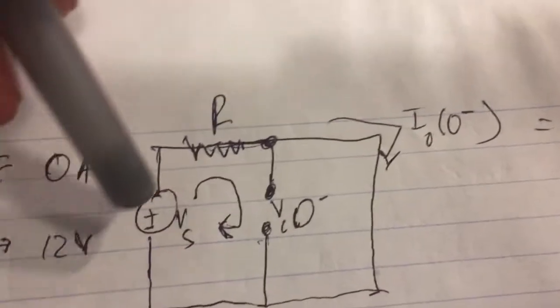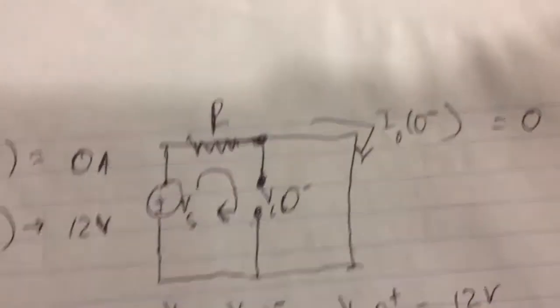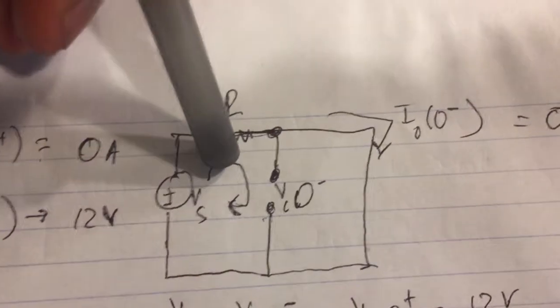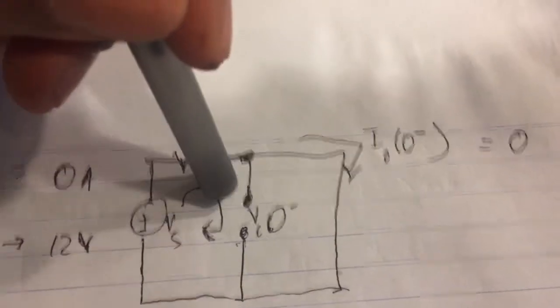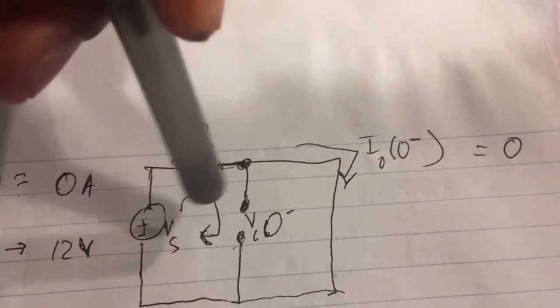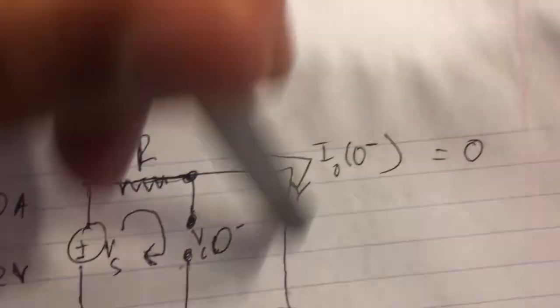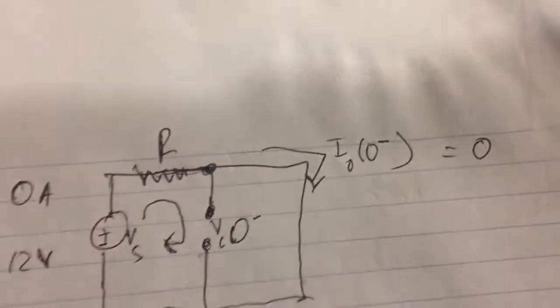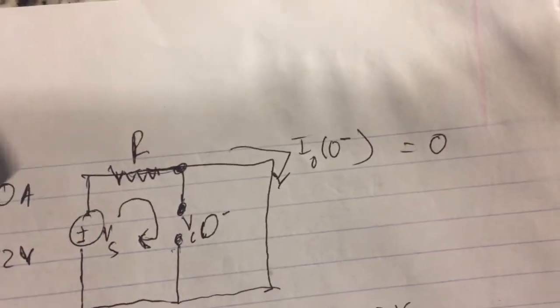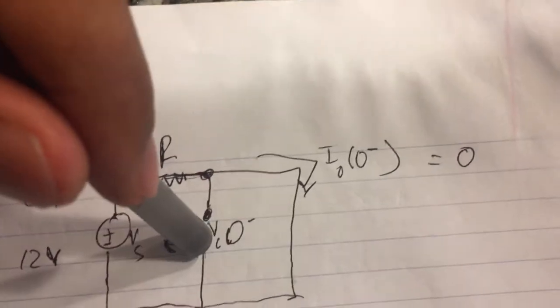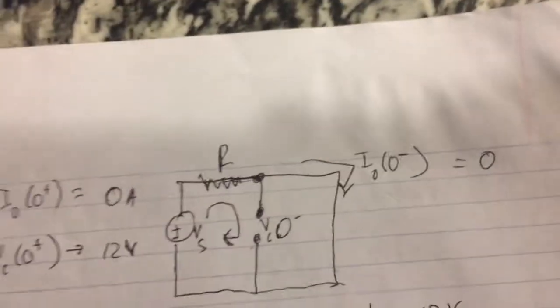So obviously you want to find the current going through them, but notice that there's no current going through here. The current equals 0 because of this short circuit. Well, yeah, because of this short, and there's an open circuit here. So the voltage drop is going to be 0 because there's no current, right? So Vs is equal to Vc(0-), right?